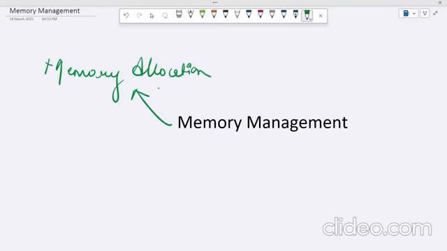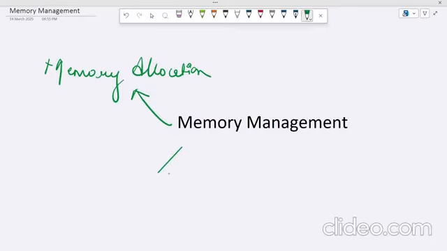A process is arriving in memory, so how we allocate a resource comes under memory allocation. By its name, it is clear that it allocates the memory. It enables the sharing of memory space between processes, and that's why two programs can reside at the same memory location at different times. So that's basically memory allocation.